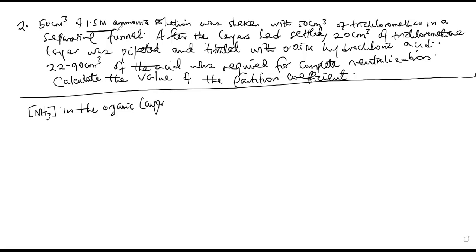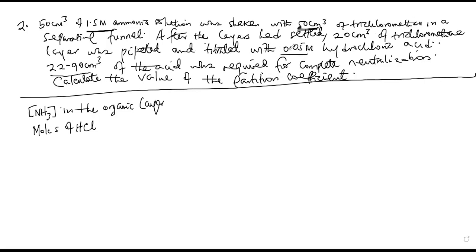Yes. So we are going to first get moles of hydrochloric acid. Because after the layers are separated, 20 cubic centimeters was pipetted and titrated with 0.05 molar hydrochloric acid, but 22.9 of the acid was required for complete neutralization.